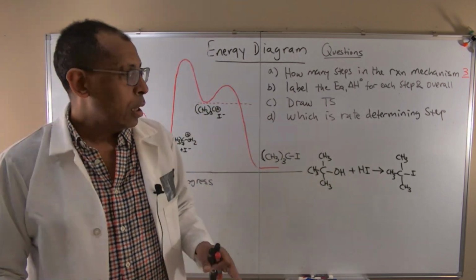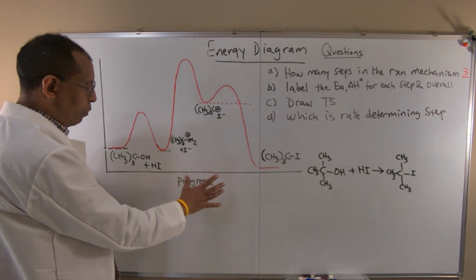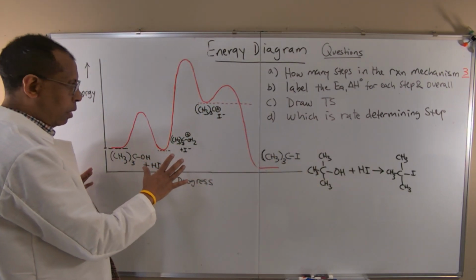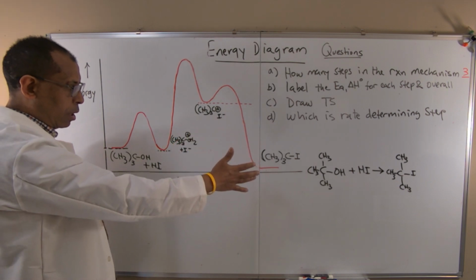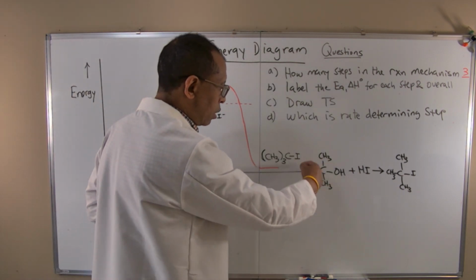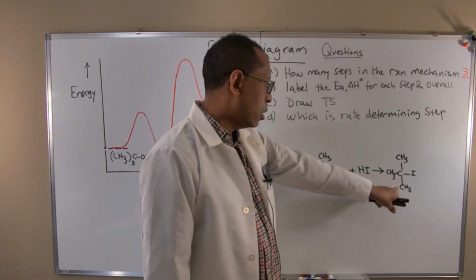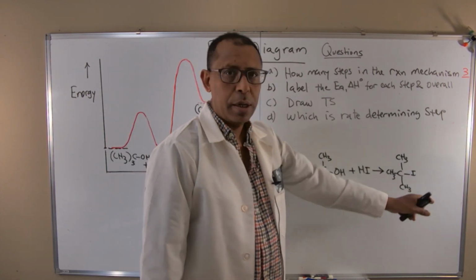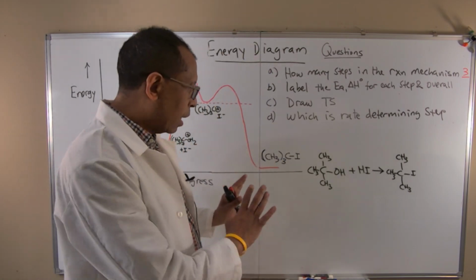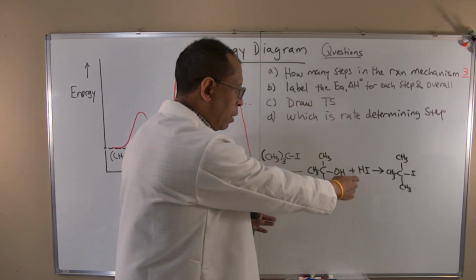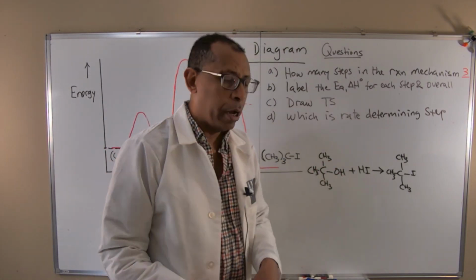So here we have the energy diagram for a reaction, and I have summarized the reaction. The reaction is this: tertiary butanol is converted to tertiary butyl iodide. That's just a summary of reacting it with hydroiodic acid.